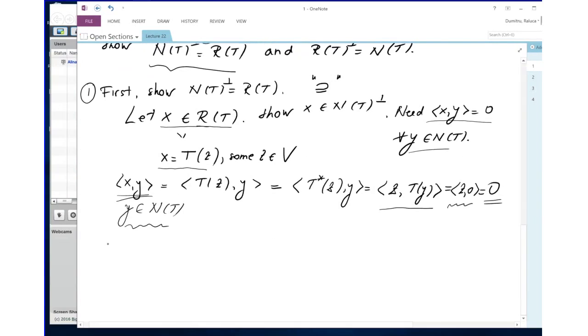So let's go backwards. So we need to show that the orthogonal complement of the null space is a subset of the range.